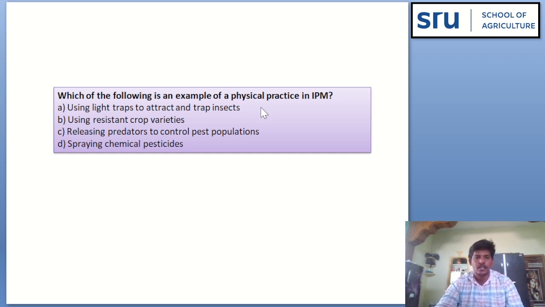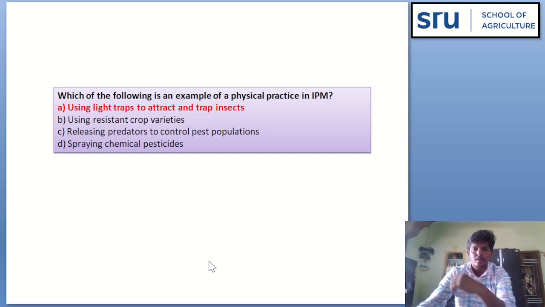Here the correct answer is using light traps to attract and trap insect is the example of a physical practice in IPM.